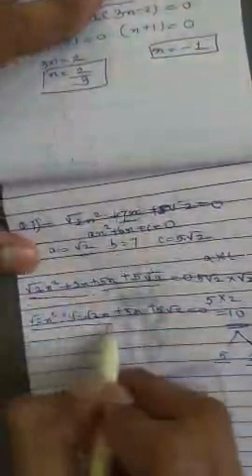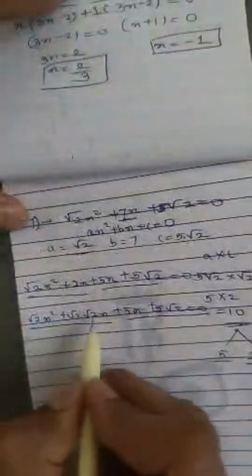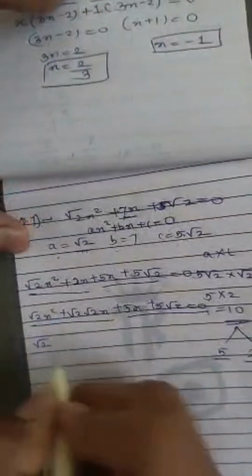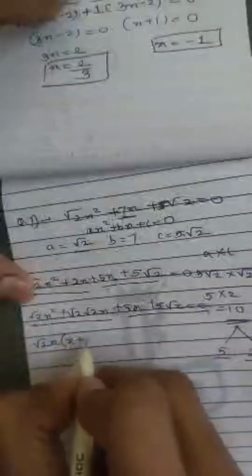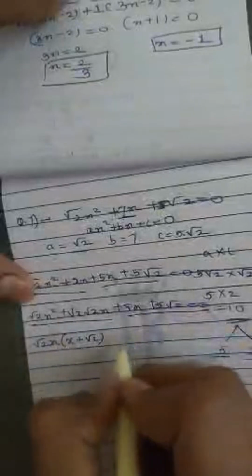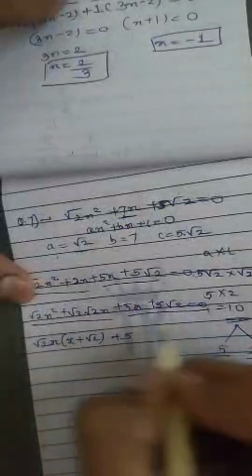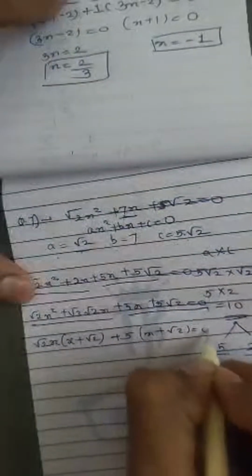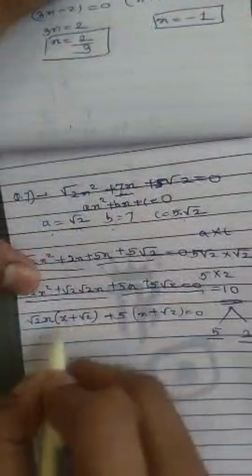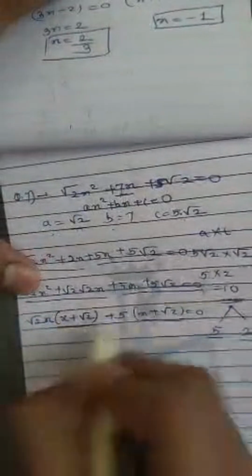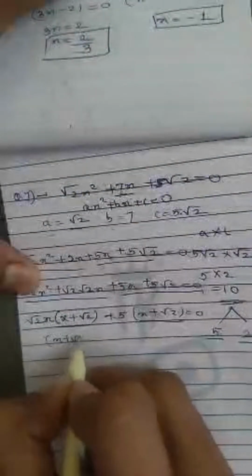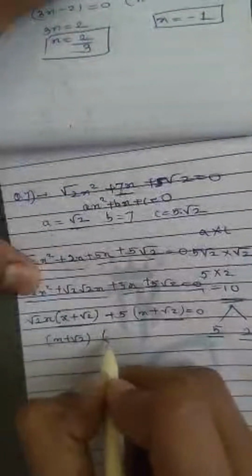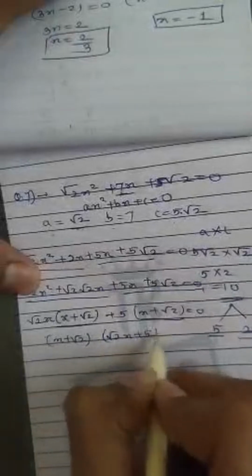So now again we will get two parts here. From this part I can take under root 2 x common, and x plus under root 2 will be in the bracket. Similarly 5 will be common from this, and x plus under root 2 will be in the bracket. So next we can take out x plus under root 2, which is present in both. So when we take x plus under root 2 common, we will remain with under root 2 x plus 5 equals 0.